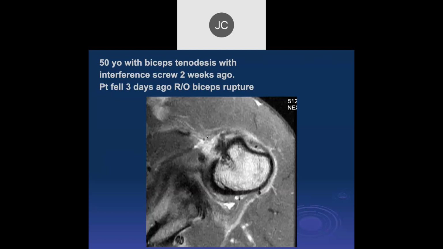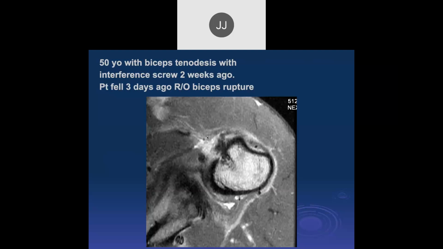One of them is a loop technique where they put a loop around the biceps tendon and then suck it into the head of the humerus. I can't explain the loop because it's kind of difficult to do.